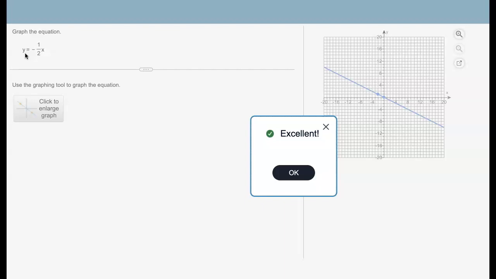And so with that, that's a way for you to be able to graph easy lines, especially ones that do not have a y-intercept that is on the origin of a graph. This is how you would use your Pearson MyMathLab graphing tool to be able to do that.